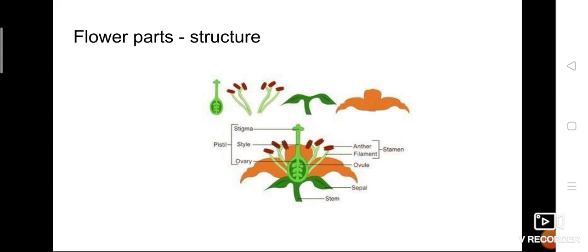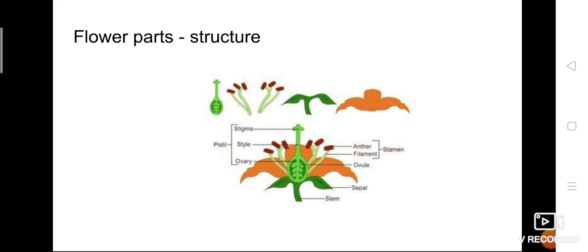The part you can see at the center, the swollen green part, along with that swollen part you can see a tube-like structure. The entire structure is called the pistil, otherwise carpel or pistil.